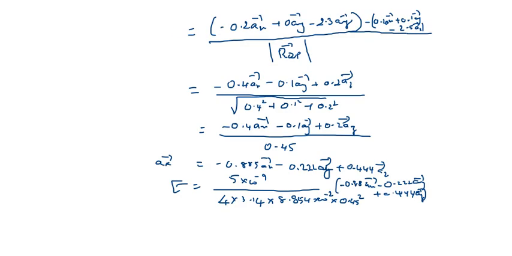After dividing this value, you will get 221.99 multiplied by the vector value minus 0.888 a x vector minus 0.222 a y plus 0.444 a z vector. Now you multiply this inside.